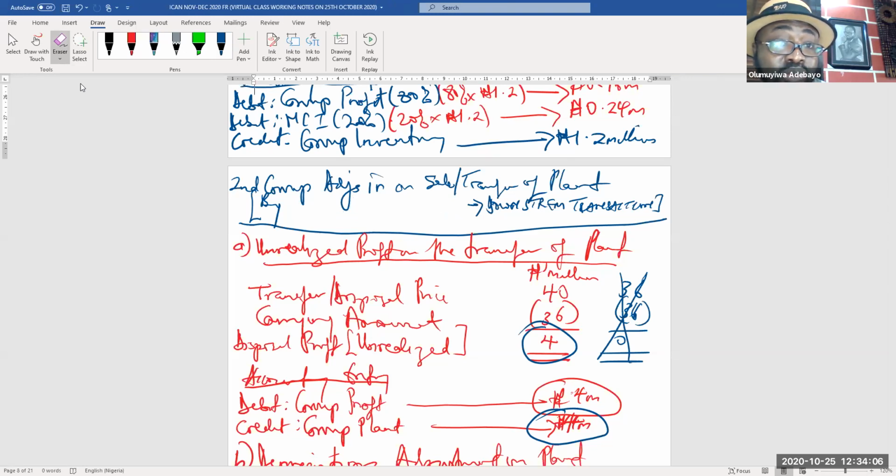It is who? The subsidiary transferred to the parent. Therefore, in that case, we won't call it a downstream transaction. Rather, we'll call it what? An upstream transaction.